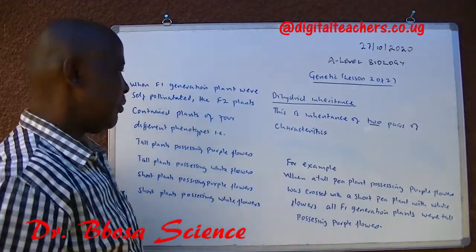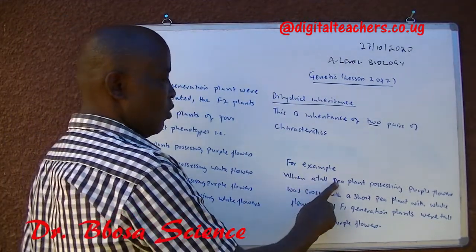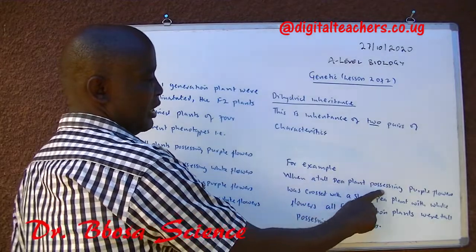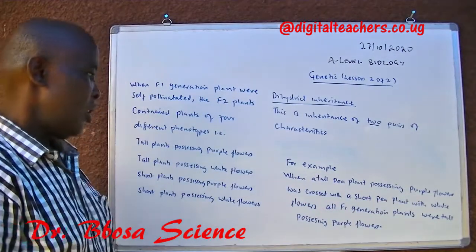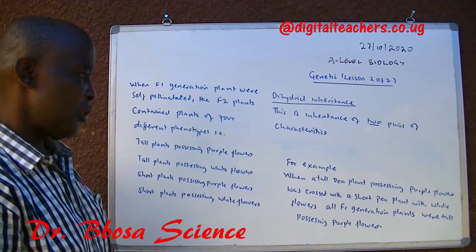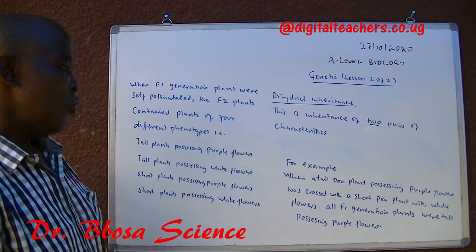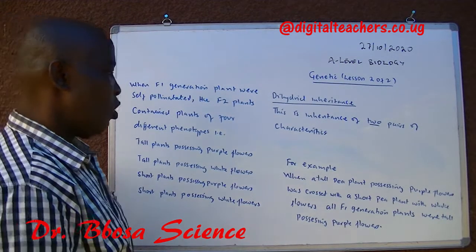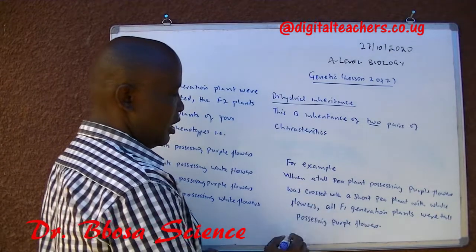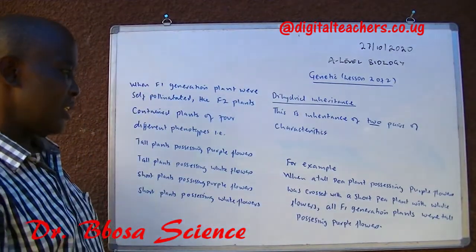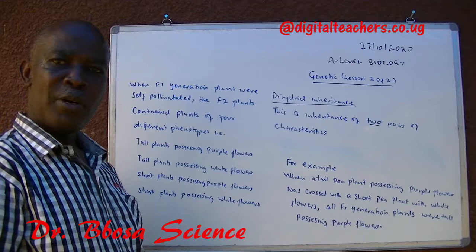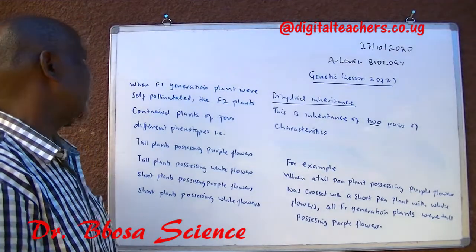For example, when a tall pea plant possessing purple flowers was crossed with a short pea plant with white flowers, all F1 generation plants were tall, possessing purple flowers.